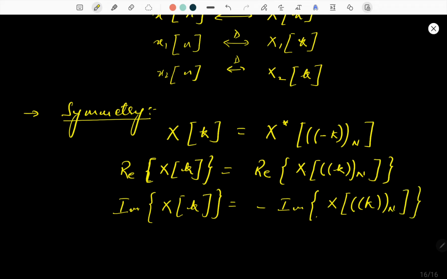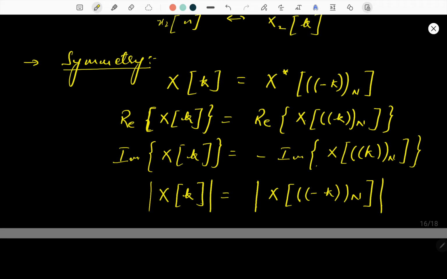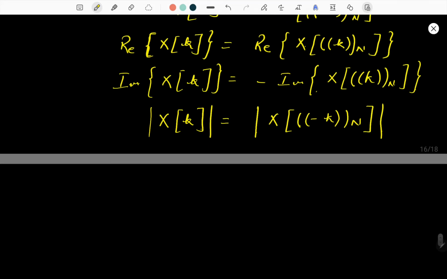Similarly, the magnitude of X(k) should be equal to the magnitude of X(minus k). So there are two things in that: one is the magnitude and second is the angle.